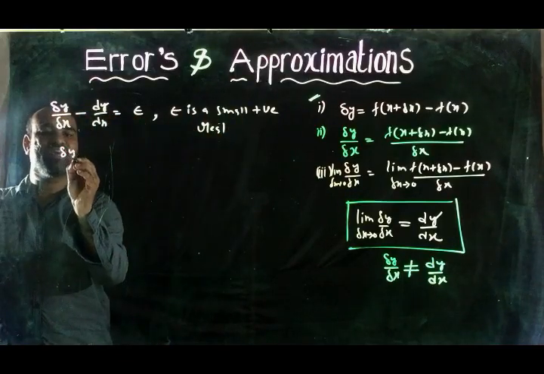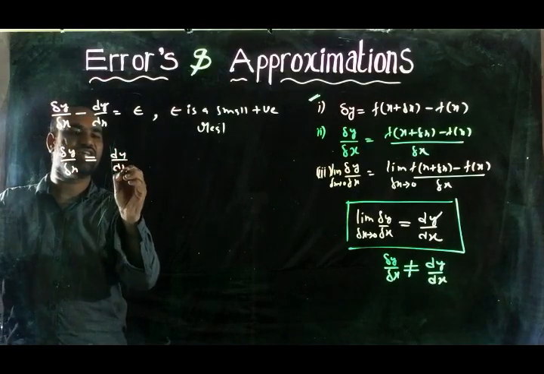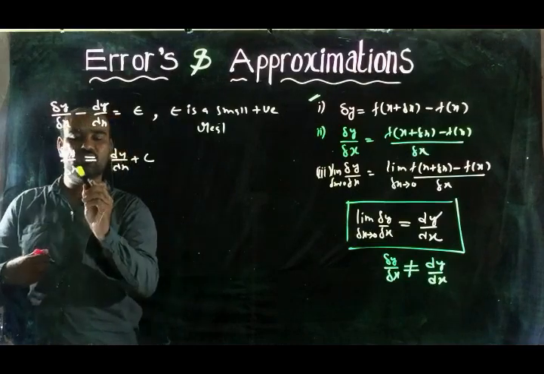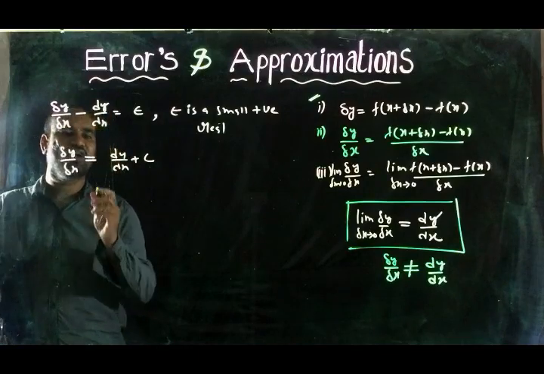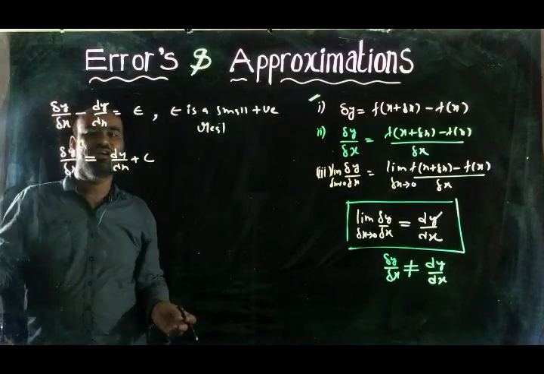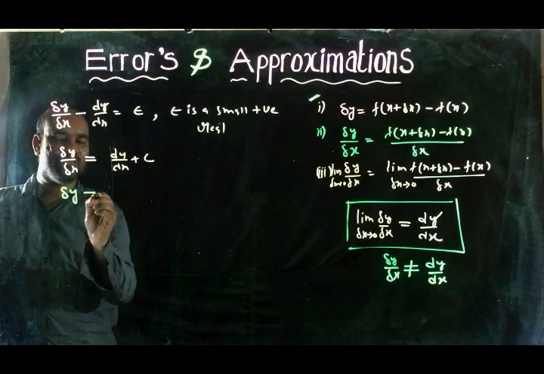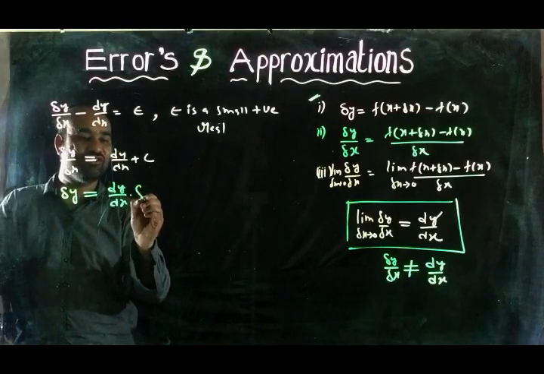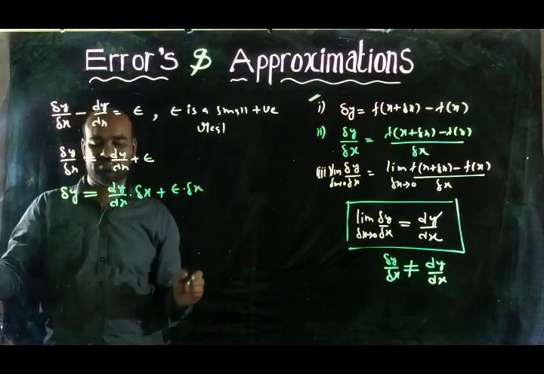So delta y by delta x is equal to dy by dx plus epsilon. Here delta x, not equal to 0, is tending to 0. I multiply both sides by delta x. Then delta y becomes dy by dx into delta x plus epsilon into delta x.